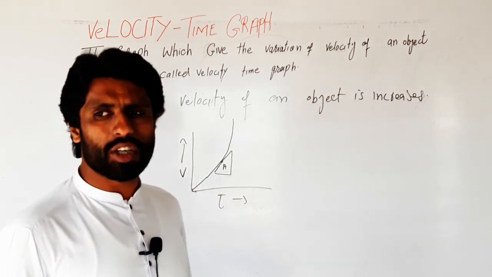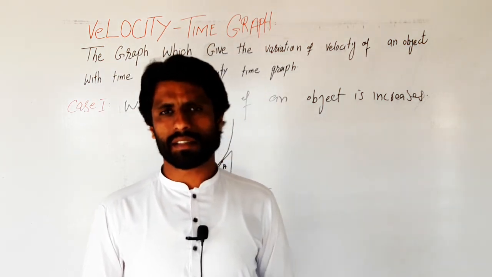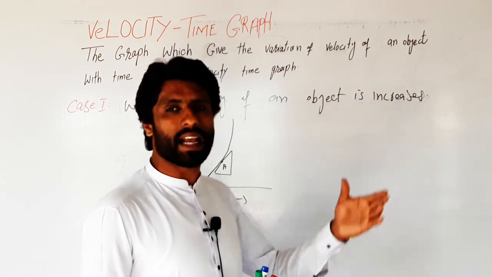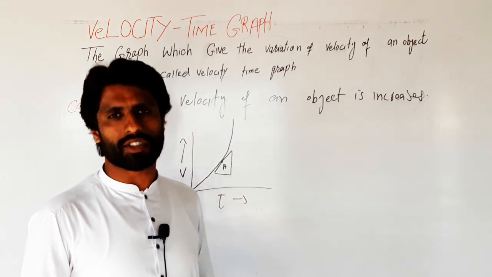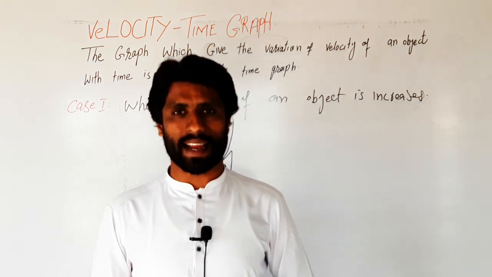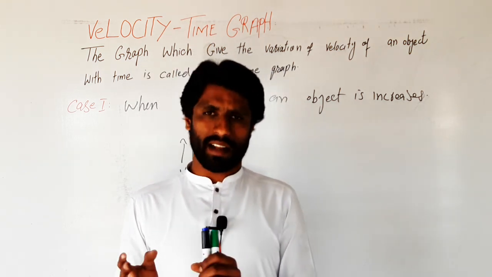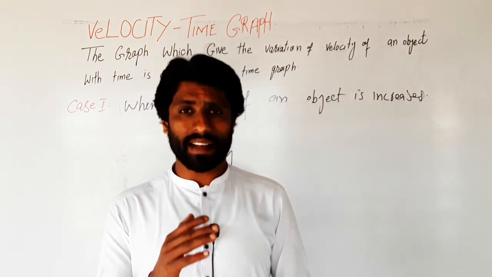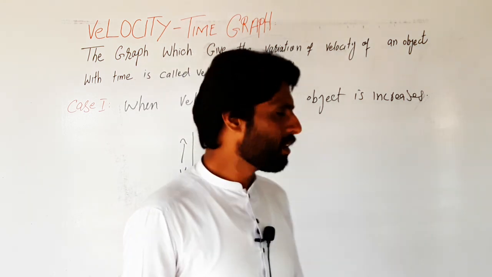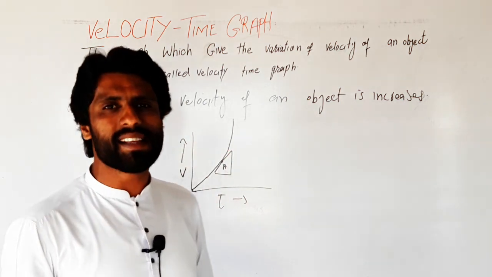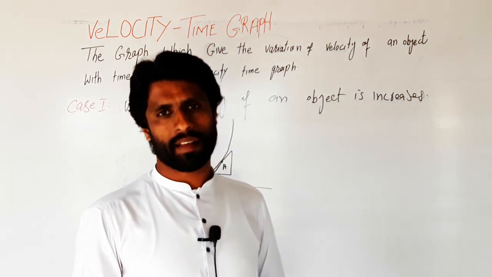At the next point, the fourth case, there is increasing acceleration or positive acceleration, and next is when acceleration is negative, in other words deceleration. At deceleration, the velocity of an object decreases with respect to time.